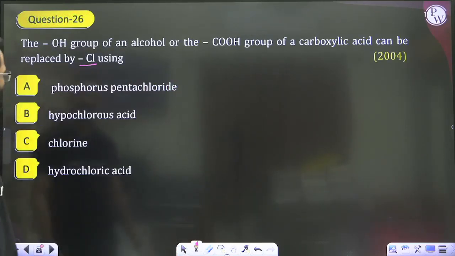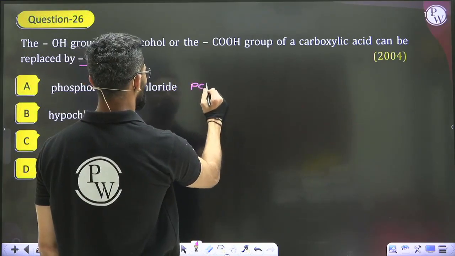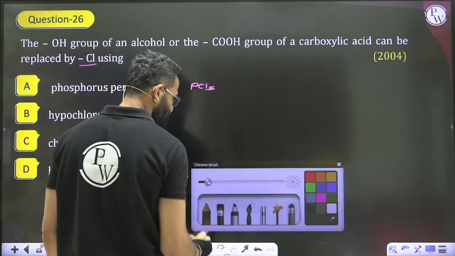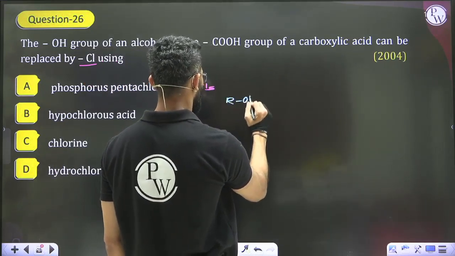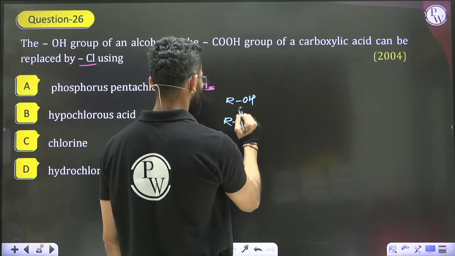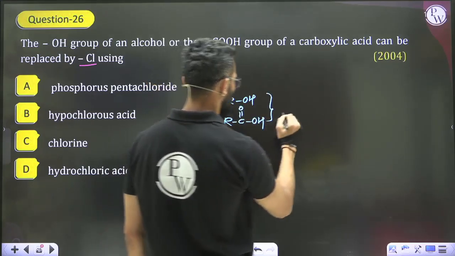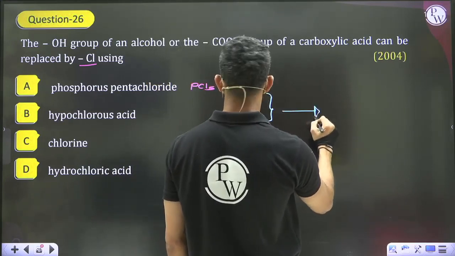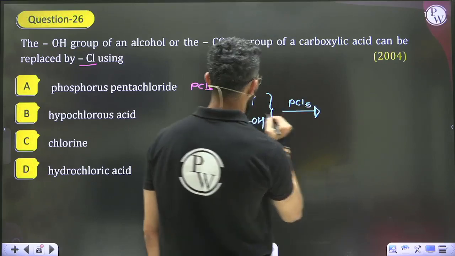So which option says so? Yes, the first one is PCl5. So yes, we do use this reagent. If your substrate is either acid or alcohol, these two upon treatment with PCl5 will chlorinate OH.